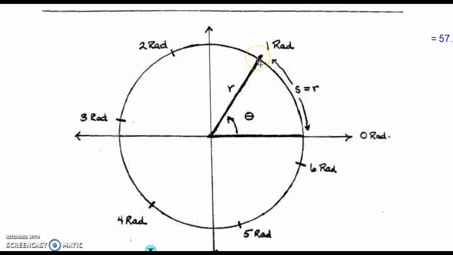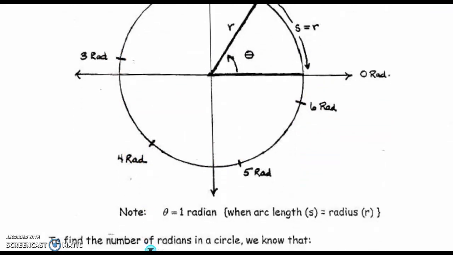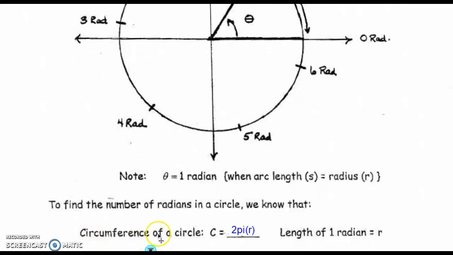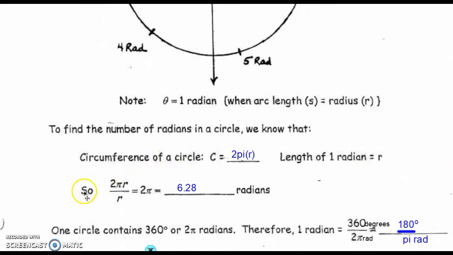So here's 1 radian, 2, 3, 4, 5, 6. And when we come down here, we know that the circumference of a circle is 2 pi r. And if r is 1, then when we go once around the circle, we will have 2 pi radians, which is 6.28, twice 3.14.